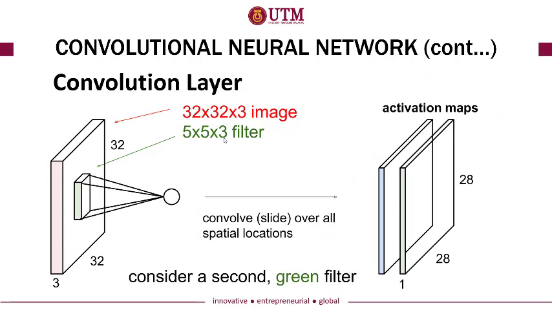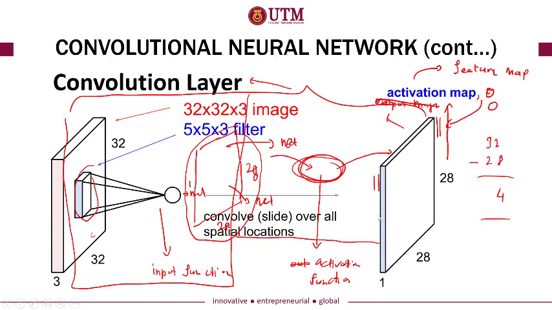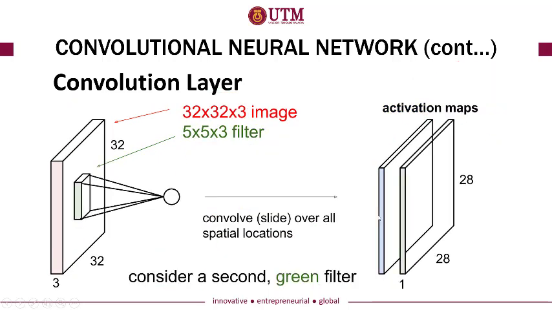You apply the same thing, then you get another 28 times 28 times 1, which is another layer. So this activation map layer is the output result from the second filter, while this one is the output result from the first filter. Okay, so that is what happens in the convolutional layer.